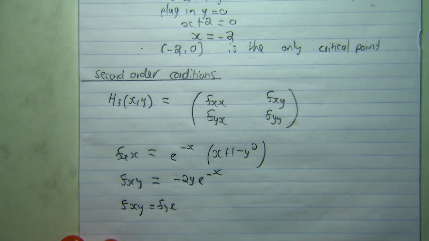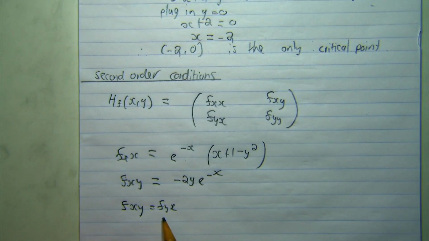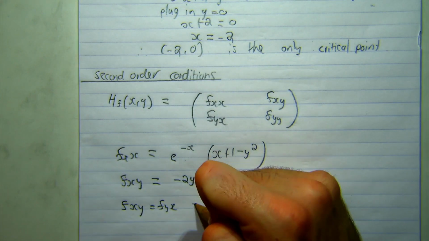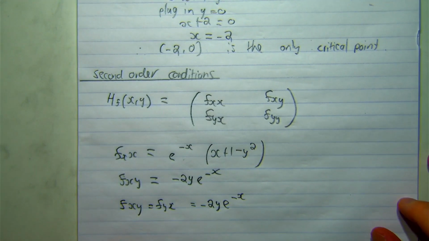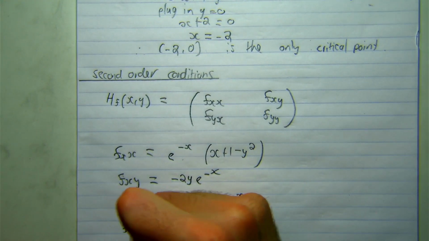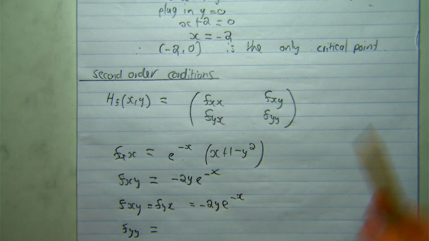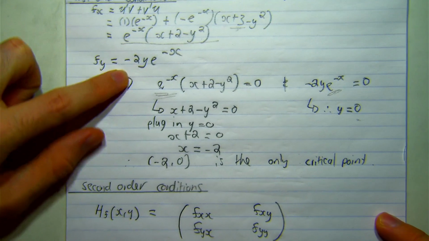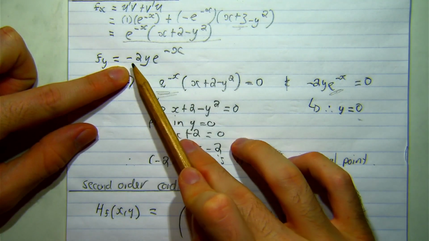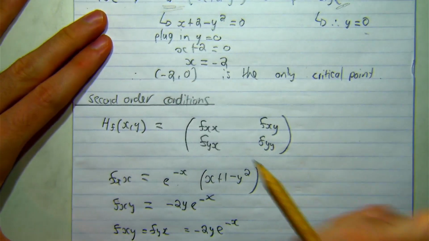For context, fxy is always equal to fyx, so that's the same. You can double check that if you are suspicious. And then the last one we have to work out is fyy. So differentiating this with respect to y is going to be minus 2 e to the minus x.